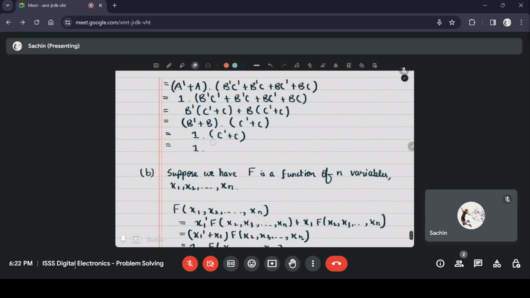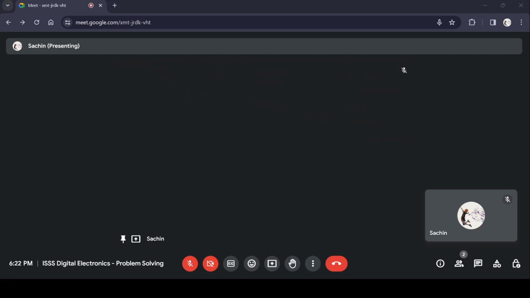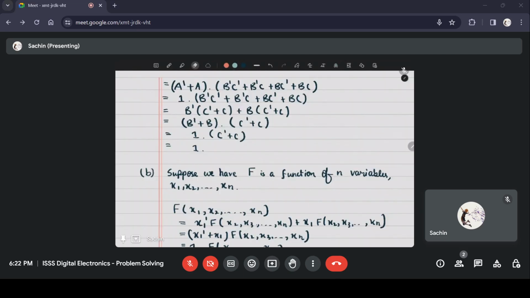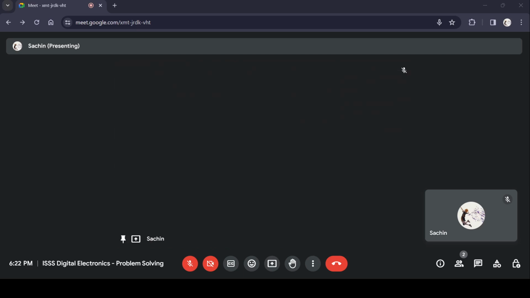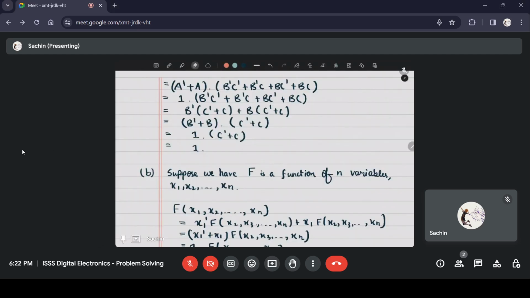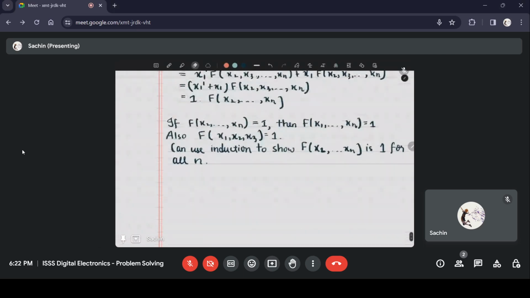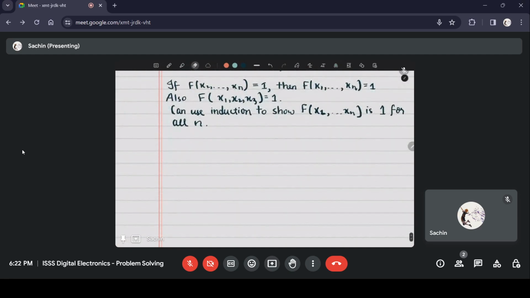So this is sum of all minterms with one variable, c prime plus c, that will become 1. So you can use an inductive argument to prove the result. Okay, since they only asked for a general procedure, we won't write down the exact procedure, we'll leave it at that.